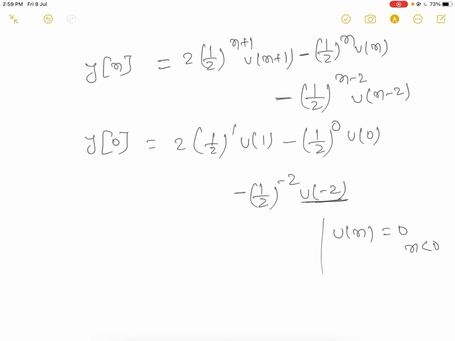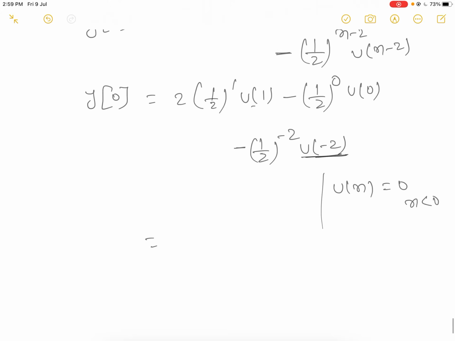So u[minus 2] will be 0, u[1] will be 1 and u[0] will be 1 also. So 2 into half into 1 minus 1 into 1, and this one 0. Then overall you will get 0 as the right answer.